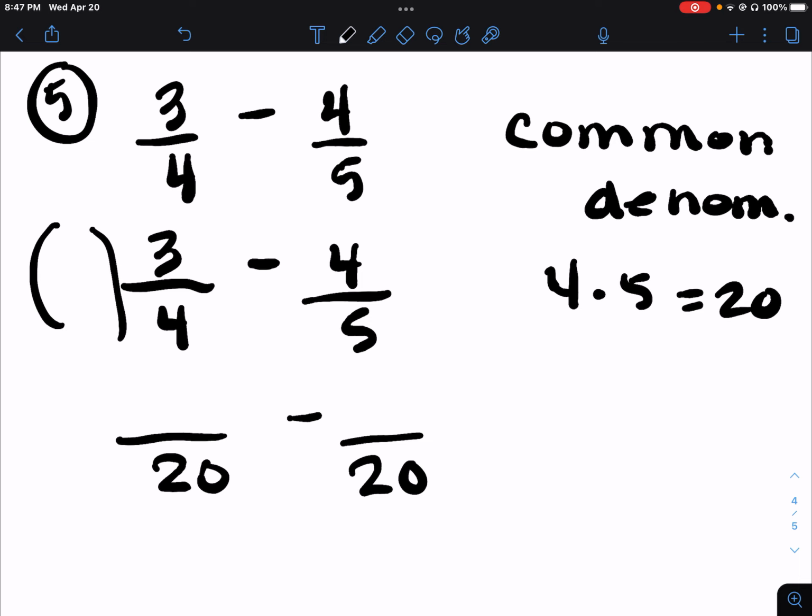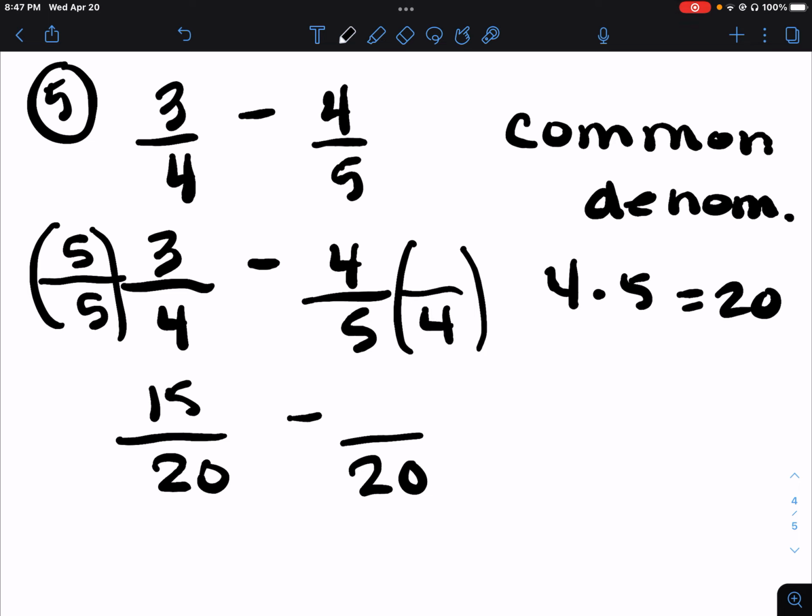Okay, what you multiply the bottom, you do to the top. 4 times 5 is 20, so 3 times 5 is 15. 5 times 4 is 20, so 4 times 4 is 16. 15 minus 16 is -1.